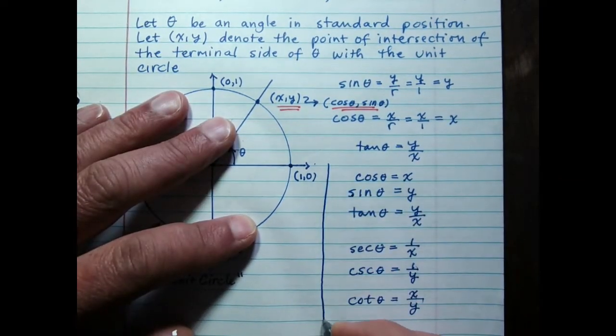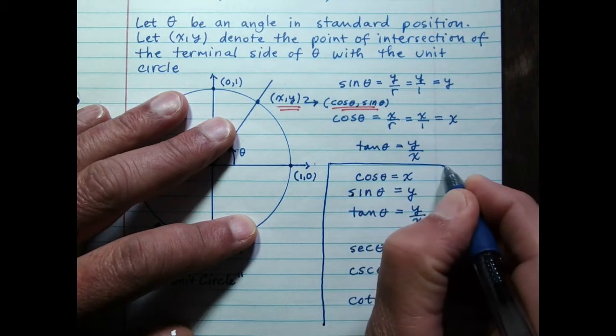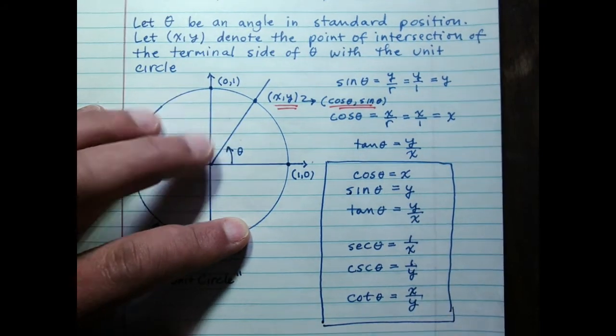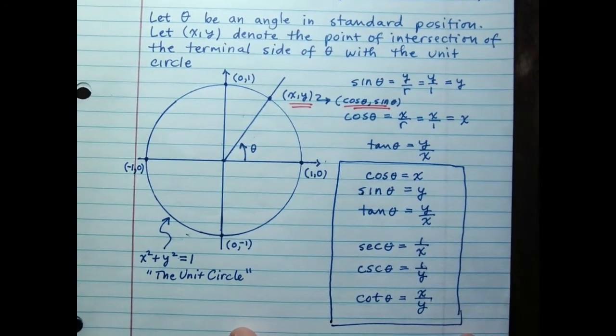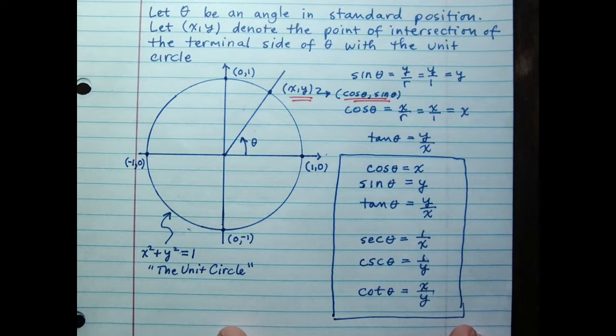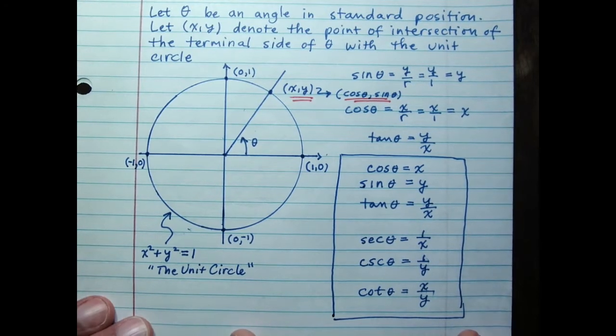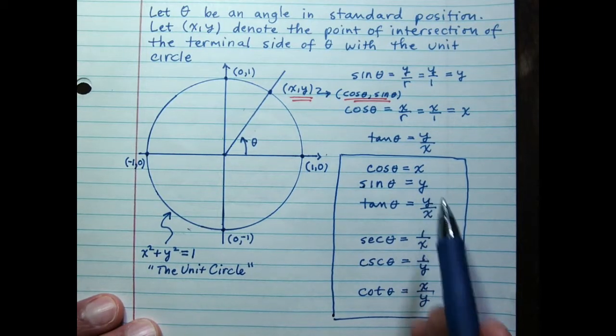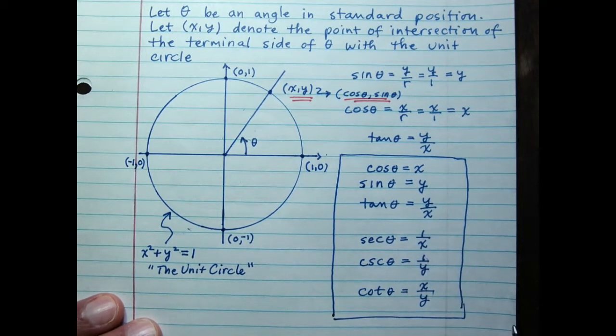I want to put all this in a box, because that's the crucial information. Now we're going to focus on the unit circle. We want to think of the trig functions as being defined just in terms of x and y here. And keep in mind that it really all depends on sine and cosine.